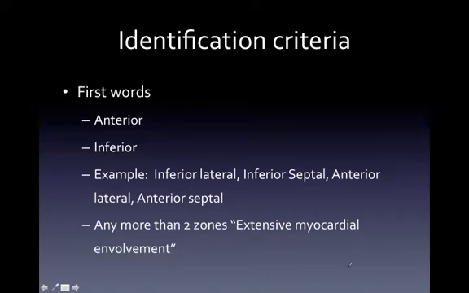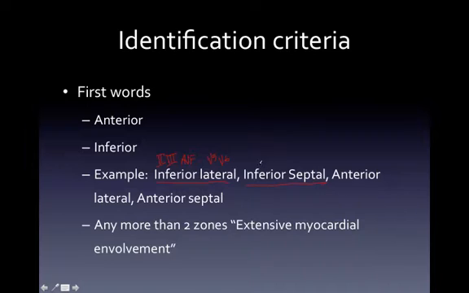Okay, so I have to have two contiguous leads or two parts of that to say that I have that section. The first words out of our mouth have to be either anterior or inferior if those zones are involved. After that, we can state the secondary injury zones. An example, inferior lateral. This would be 2, 3, AVF, and let's say V5 and V6.